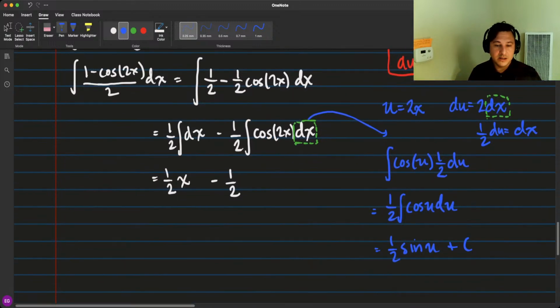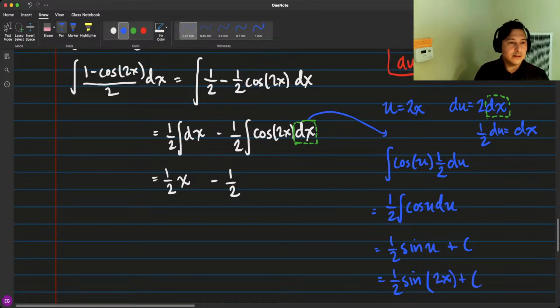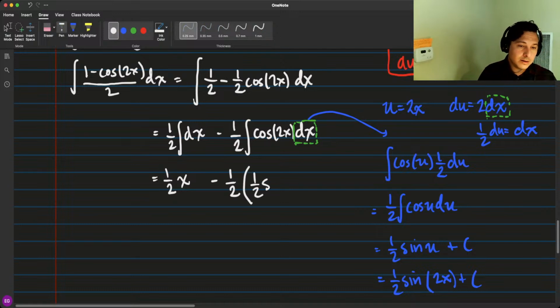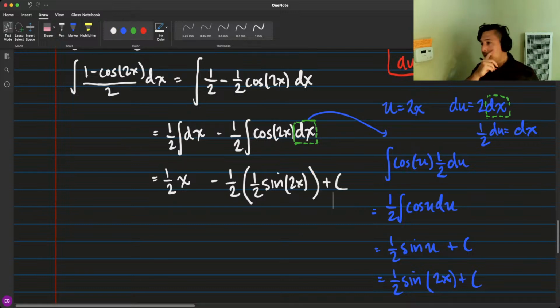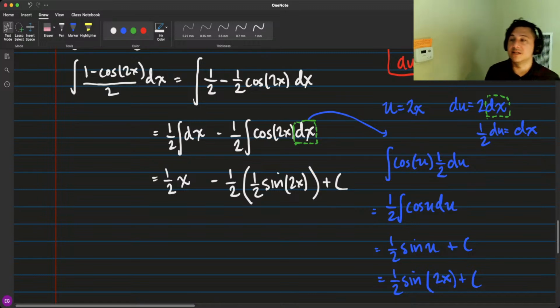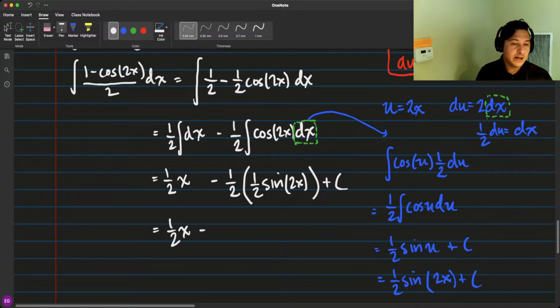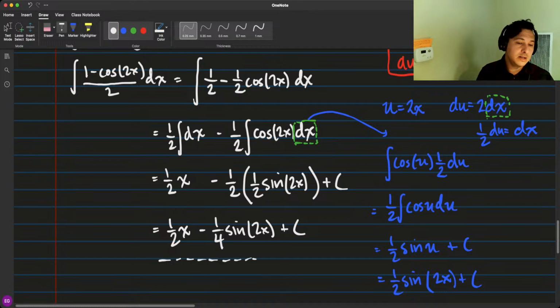And then you can plug the u back in. You get 1/2 of the sine of 2x plus c. So that goes right here. And then you can just put the plus c out here, because if you distribute the half to the c, it just ends up being c. So you get 1/2 x minus 1/4 sine of 2x plus c. There's your antiderivative.